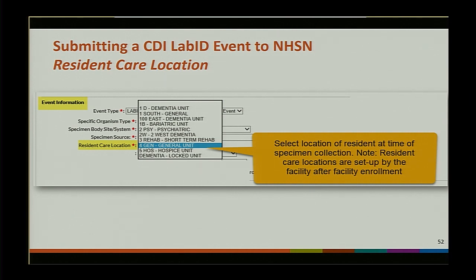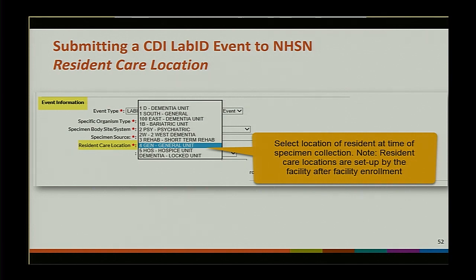And remember those locations, this is why it's really important for you to set these locations up immediately after you enroll. Because what do you think happens when you get to this question? And maybe this has happened to some of you in the room. You get to this question and you click the down arrow and nothing is there. Has that happened to anyone? We get some questions about it. In case it happens to you, it just means your locations haven't been mapped.